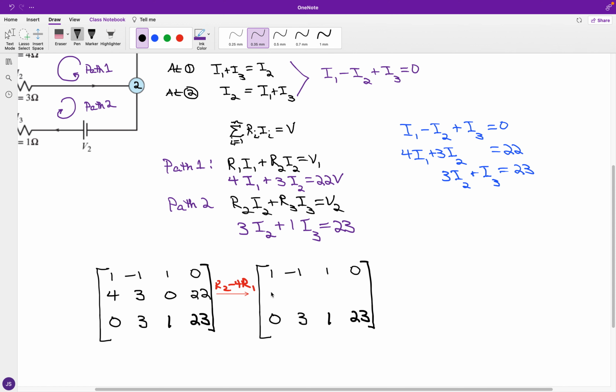And I want to convert the 7 in the second row to 1. So I can take 1/7 of the second row again. Still have the first and last rows untouched.